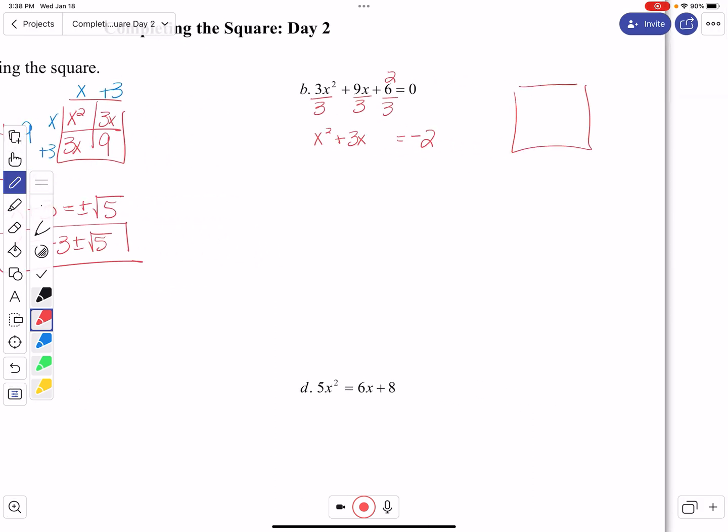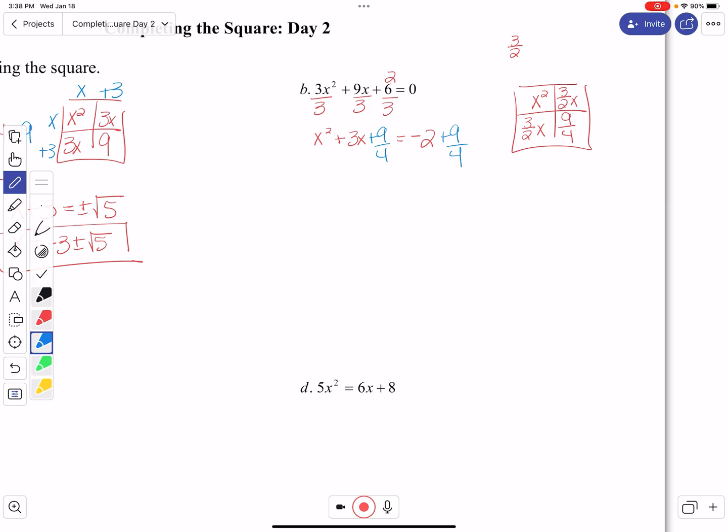Then if I do my box, I've got x squared, half of 3. Remember, half of 3, if I just put that over 2. So I have 3 over 2x, 3 over 2x. If I square that, it becomes 9 over 4. So I'm going to add 9 over 4 to both sides.